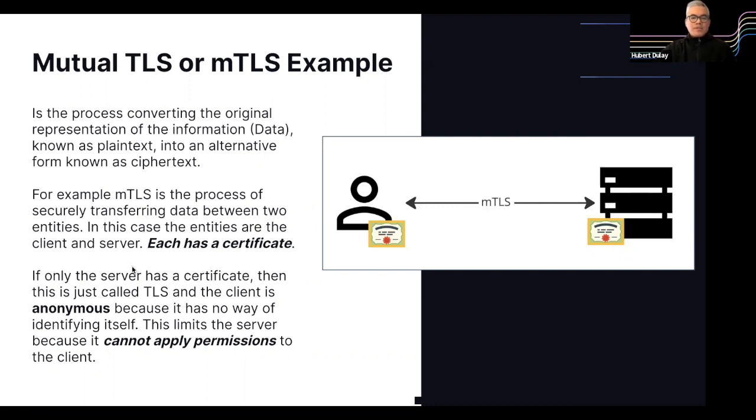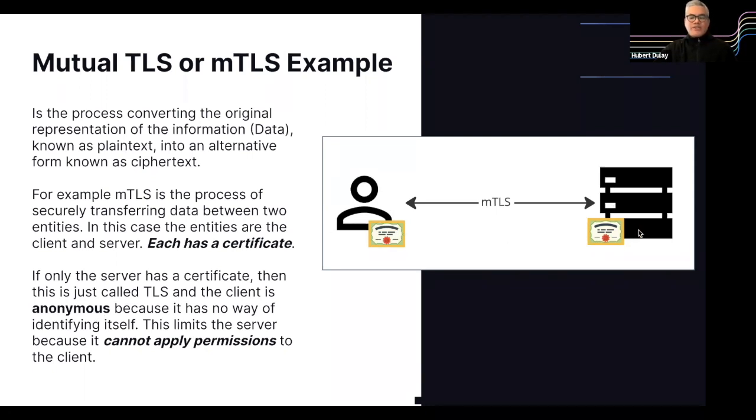A lot of times, there is a version of TLS that doesn't have the M in it, which is just called plain TLS, right? And it still works. The only issue is that, not an issue, but the difference is that this person, or this entity out here, or this principal, doesn't have one of these certificates. What does that mean? That means that the server has no idea who this persona is, which means that it is considered anonymous. So there's no way for the client to identify itself.